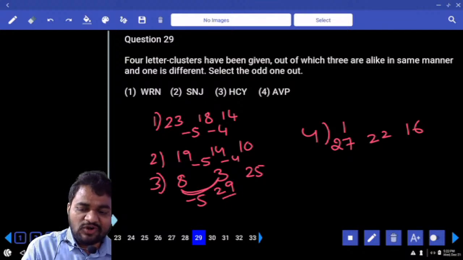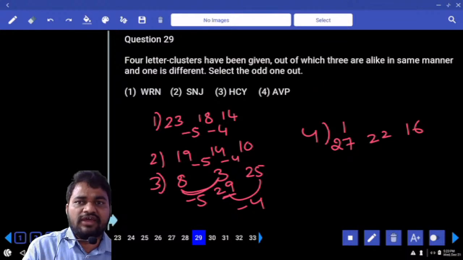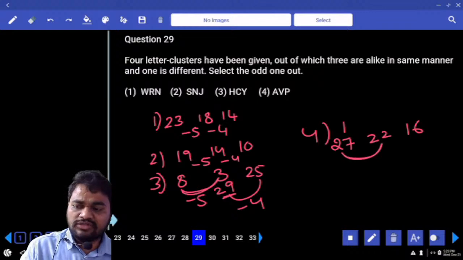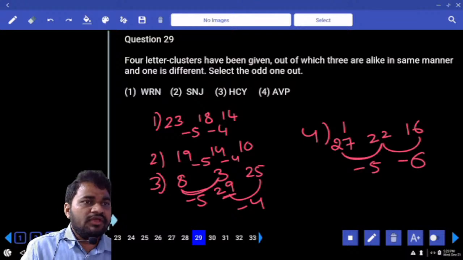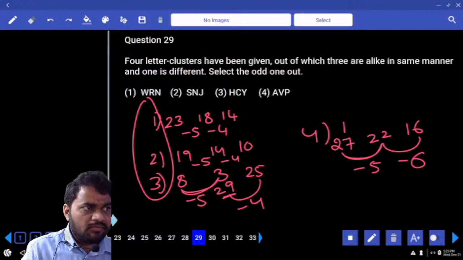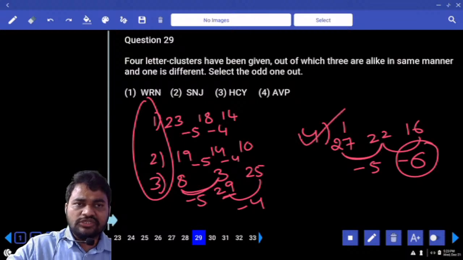Now instead of 3, we should take 29. Now 29 minus 4 is 25. Yes or no? Yes. Now here 27, 22, that is minus 5, 22 minus 6. In the first three options we have minus 5 and minus 4, but differently in the fourth option we have minus 6, so this is the odd one.